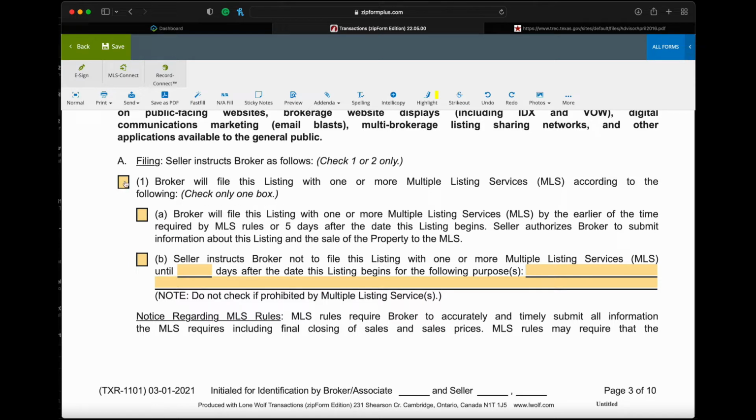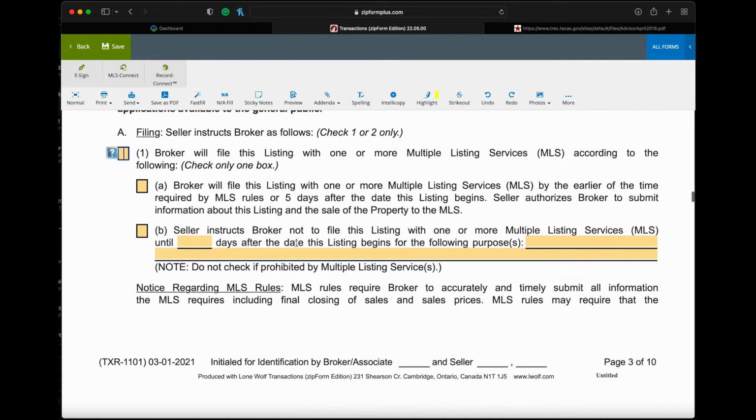Okay, so you will have this checked. This here is also if the seller does not want it to be listed. There are some very rare occasions where they don't want it to be listed on MLS. They just want to see if you can find a buyer, kind of under the table.